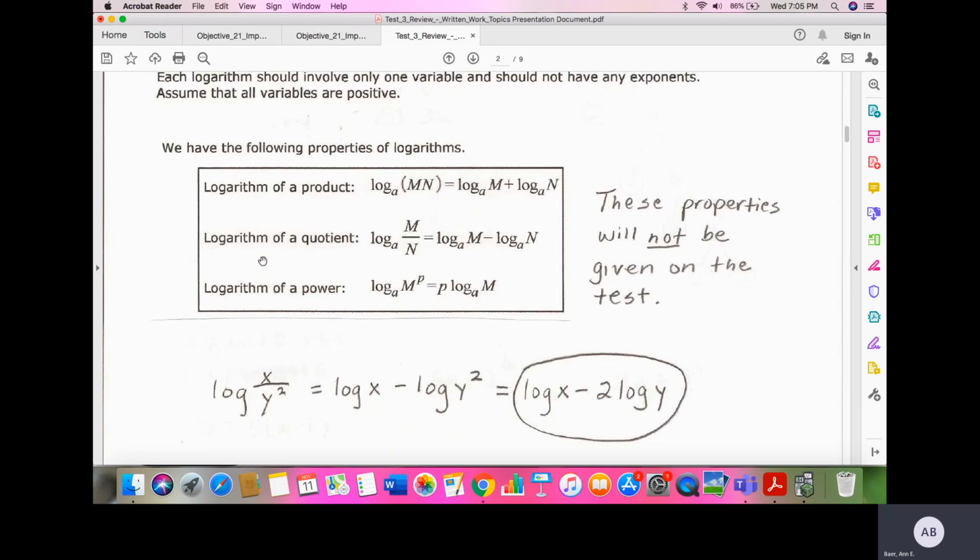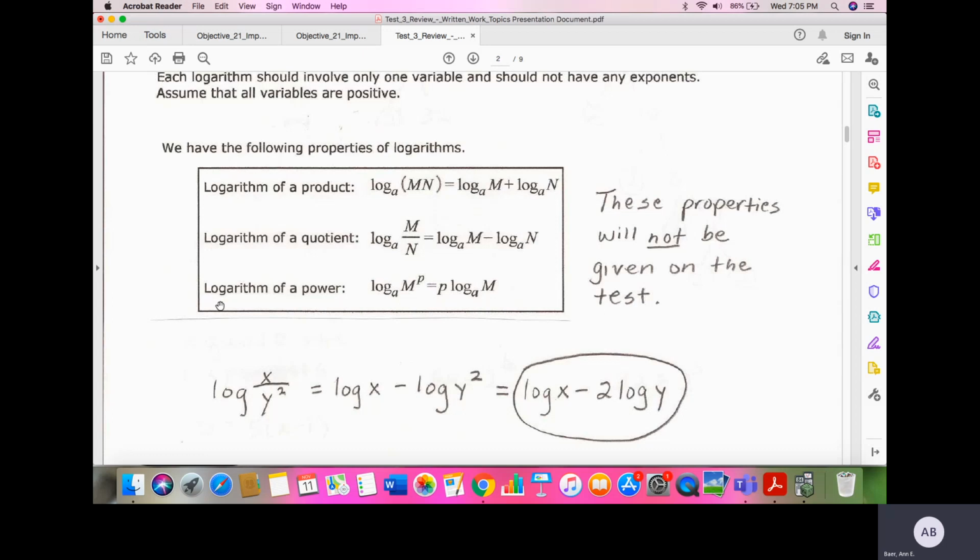Right here, the logarithm of a quotient states that the log base A of m divided by n, we've got a quotient in the argument here, is equal to the log base A of the numerator minus the log base A of the denominator, n.